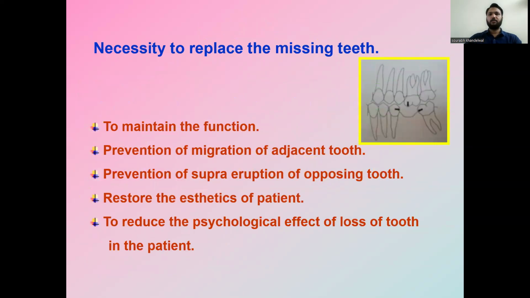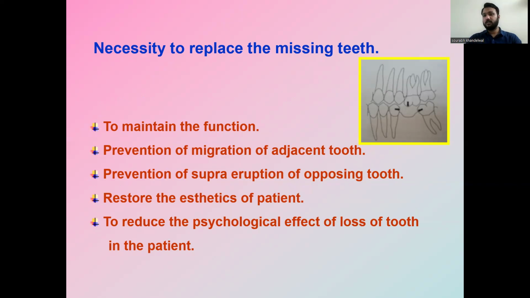So why is it necessary to replace the missing teeth? As you can see in the picture, if only a single tooth is missing, let's say 3/6, what are the consequences that can occur in due course of time? First, the opposing teeth can supraerupt, and the adjacent teeth, 4/5 and 4/6, can tilt themselves to accommodate the missing space.